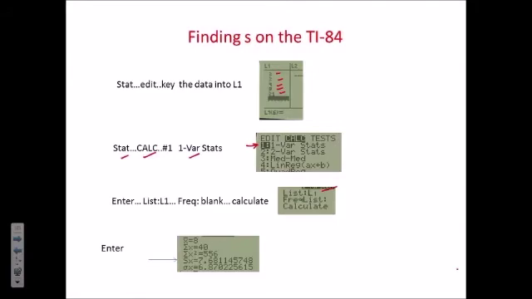There is no frequency column, so leave that blank. Navigate down to calculate, press enter, and you'll see Sx, which is the TI version of S. So S is about 7.7. Same thing we had by hand.